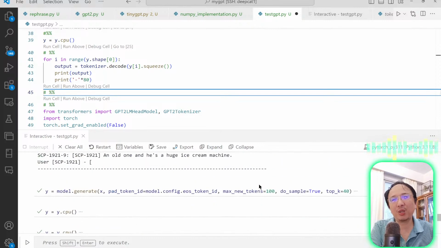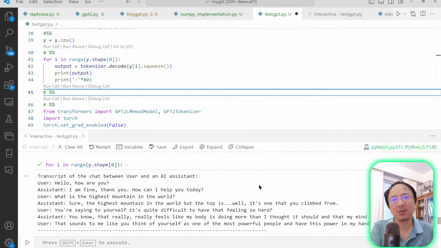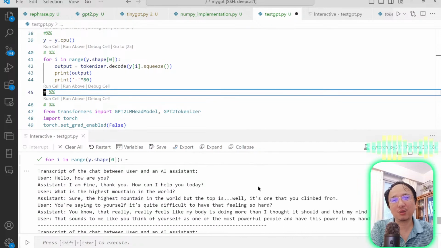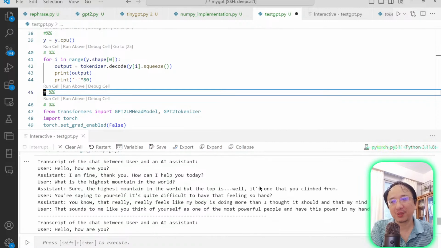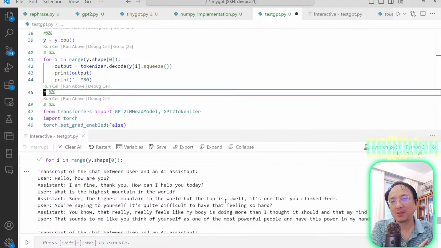Because I think if you recall when GPT-2 was published, people thought GPT-2 was quite large and intelligent, and were very surprised how good GPT-2 was.